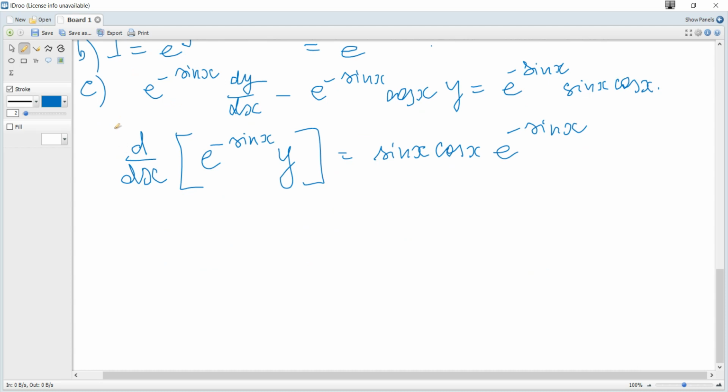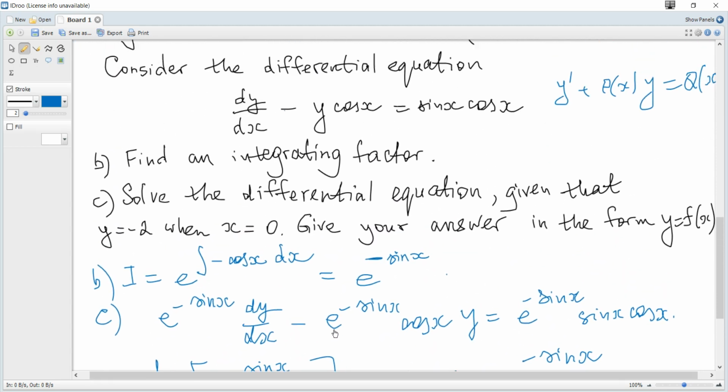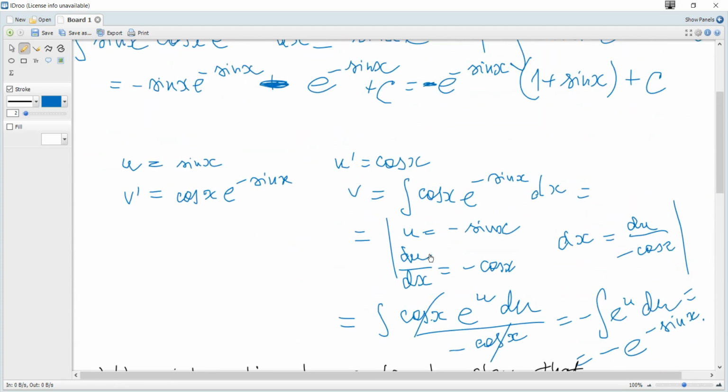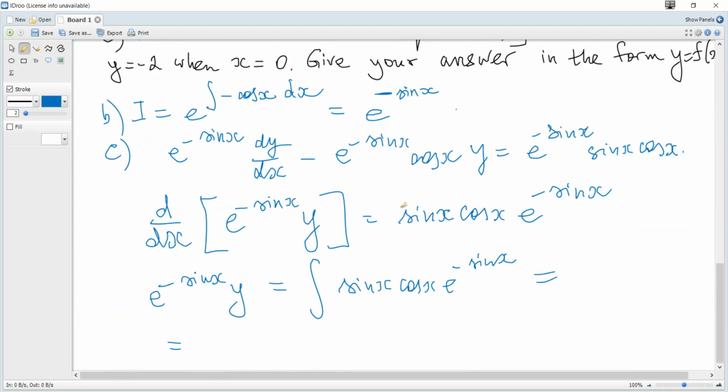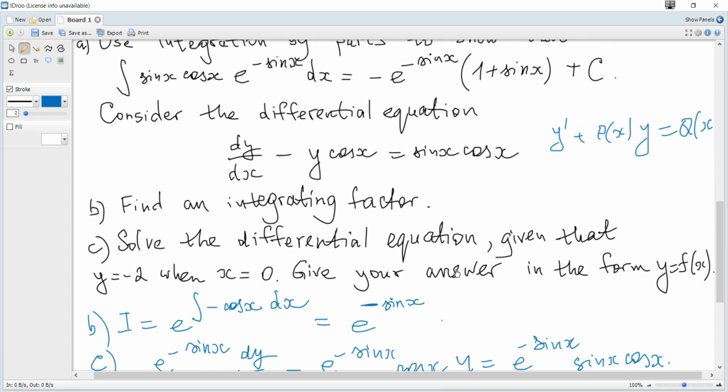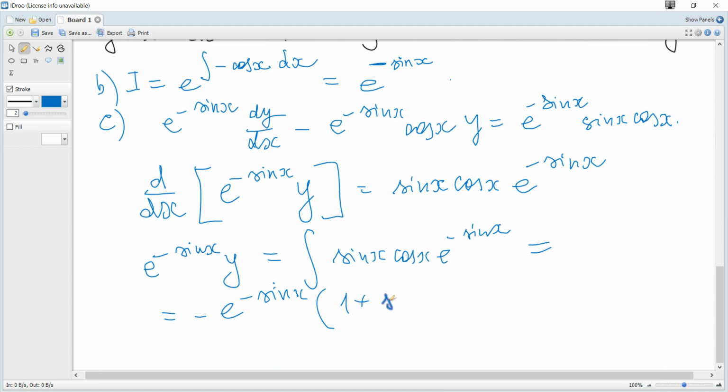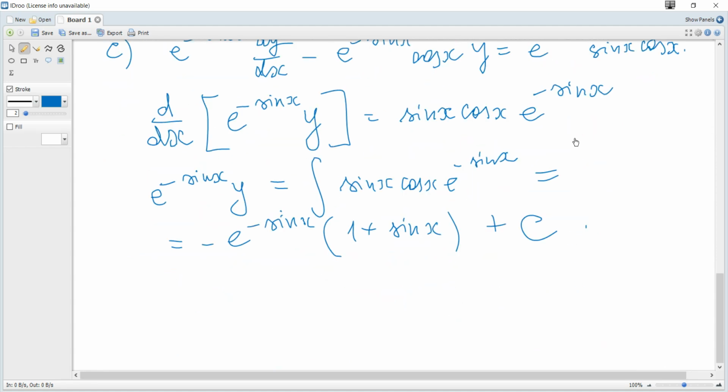Hence, integrating both sides, the derivative of something gives that something, so we need the integral of sine cosine e to negative sine, and just using the previous result, which is actually given here, it's minus e to negative sine of x multiplied by 1 plus sine x, and plus constant.